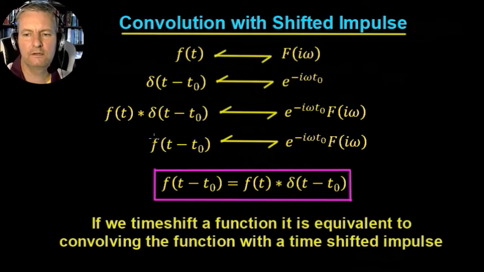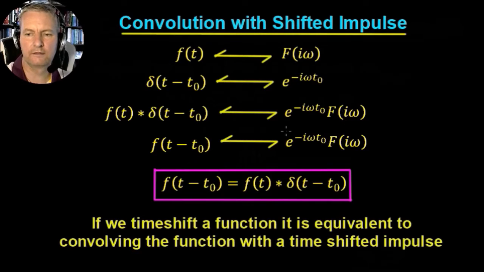Now again, we've seen a couple of videos ago that if we delay a function, so f of t gets delayed by t naught, that would be equivalent to taking the Fourier transform of the function and adding a linear phase onto it, so it would be e to the minus i omega t naught times F of i omega. So we can see that f of t minus t naught, when Fourier transformed, gives us this here. But this here is exactly the same as the line above.